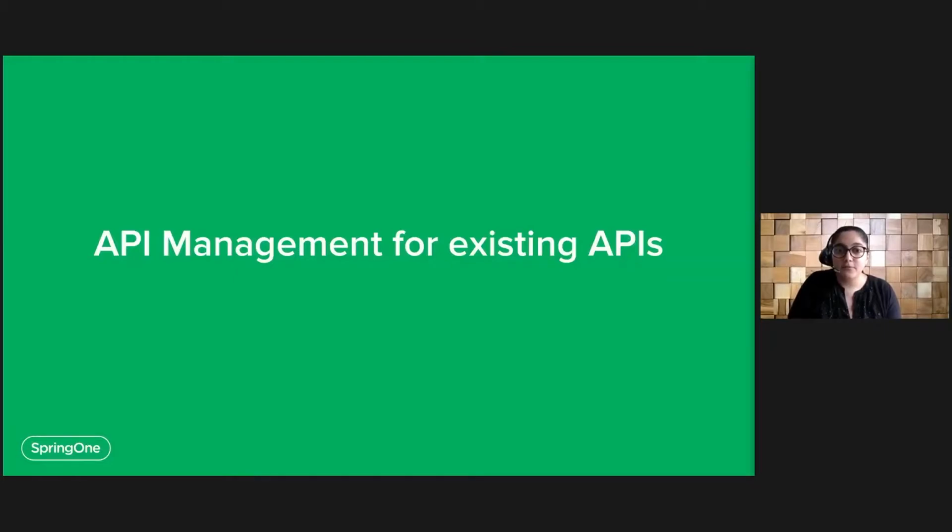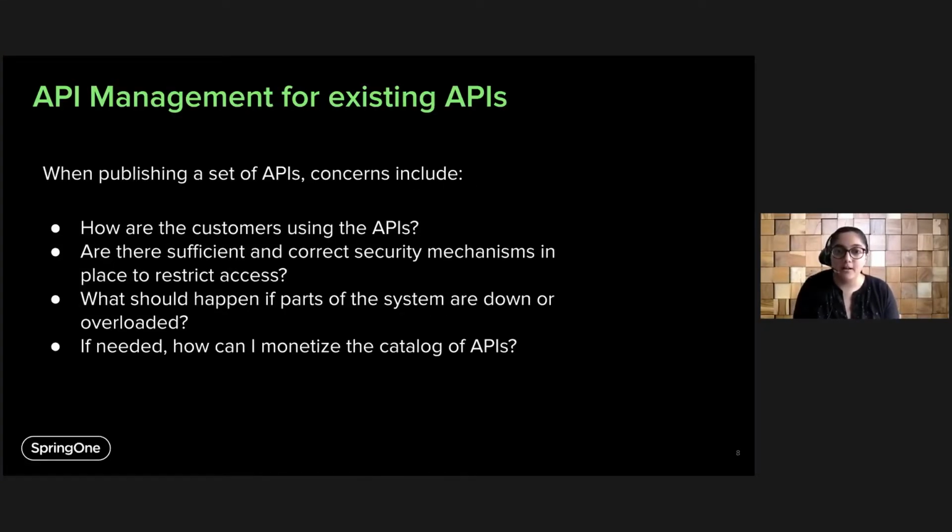So let's get into the first of these, API management for existing APIs. If you are publishing a set of APIs, whether they are for internal customers or for external customers, you usually have a host of things to worry about. And it can include any of the following concerns. How are the customers using or accessing the APIs? Are there sufficient and correct security mechanisms in place to restrict access and make sure only the right people are accessing the API?